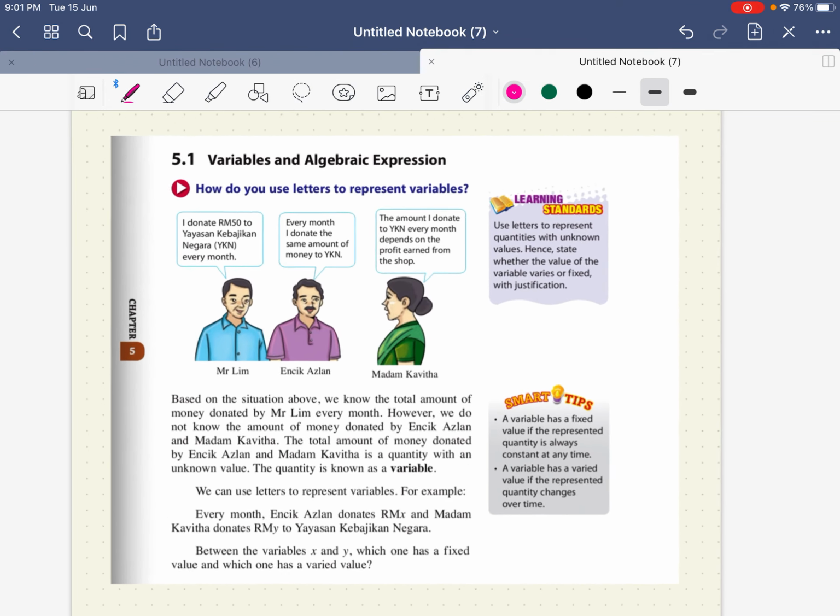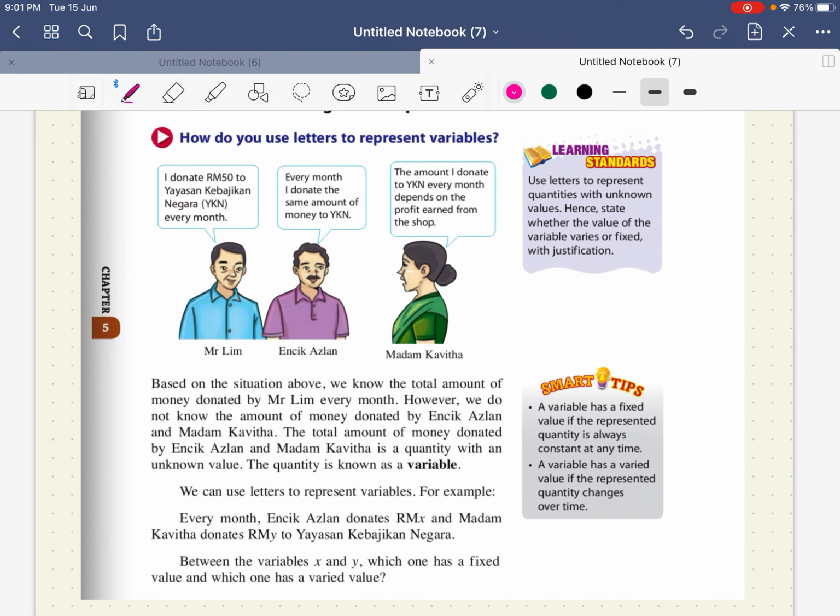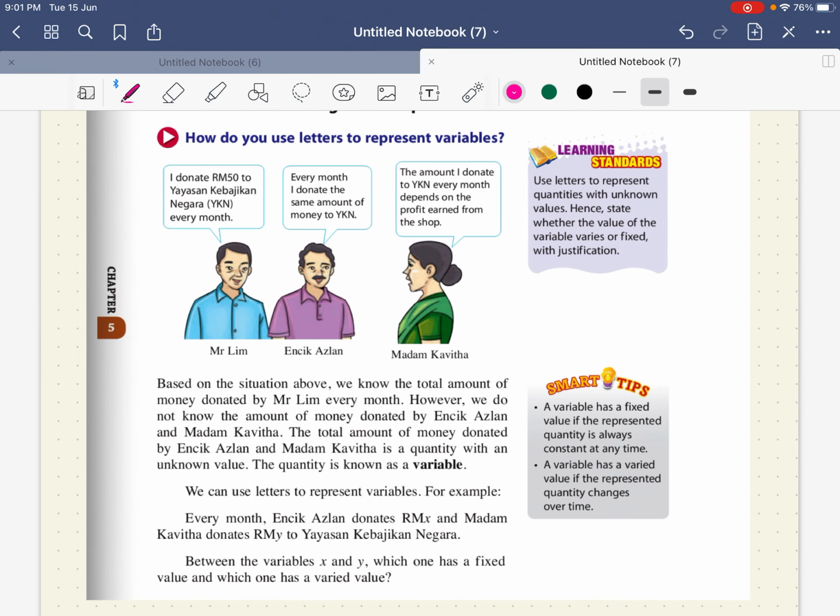Okay, this one, the introduction. Look, Mr. Lim says, I donate RM50 to Yayasan Kebajikan every month. So we know that every month Mr. Lim donates RM50. Encik Azlan says, every month I donate the same amount of money to YKN.